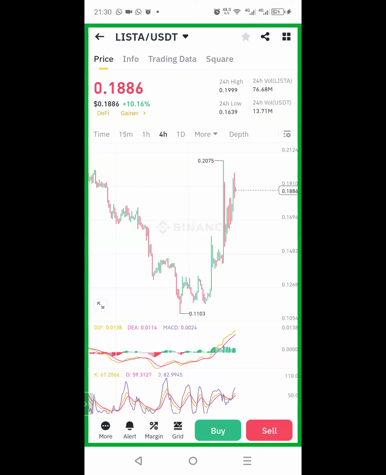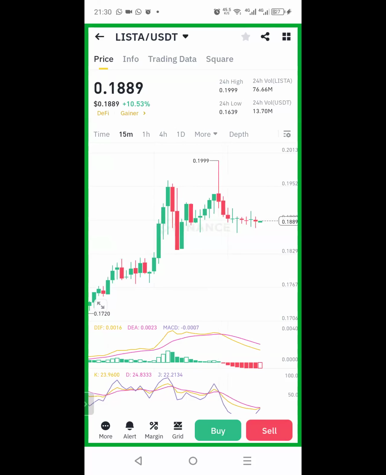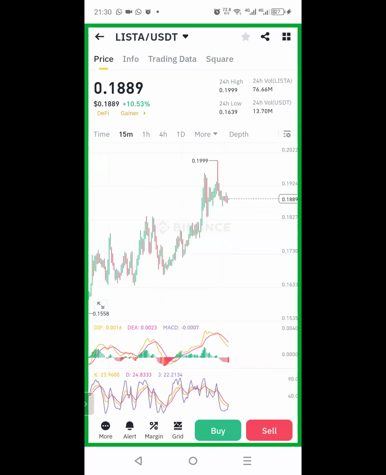They just find the chance on a particular coin, and they don't usually care whether the coin is in an uptrend or downtrend. The chance they are looking for is within 15 minutes, 1 hour, or 5 minutes.